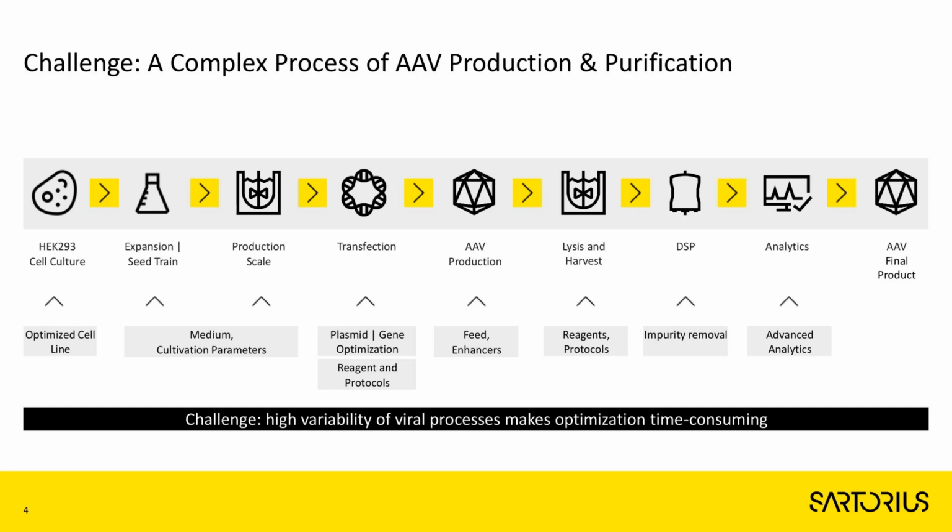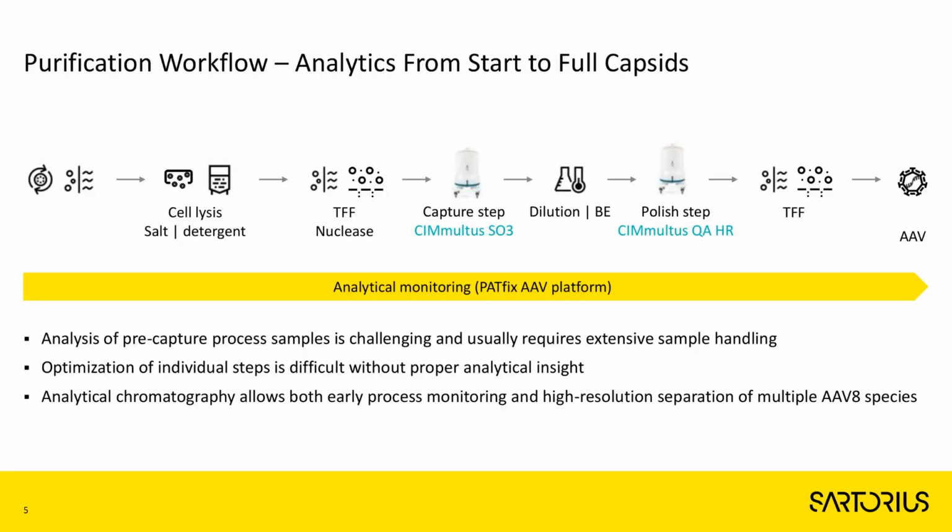You transfect them with pDNA plasmid, which then makes the cells produce the AAV, and after a certain amount of time, you can lyse and harvest the cells and then move forward towards purification. Today's talk is going to focus mostly on the purification and the analytics that can support this post-lysis or post-harvest process development.